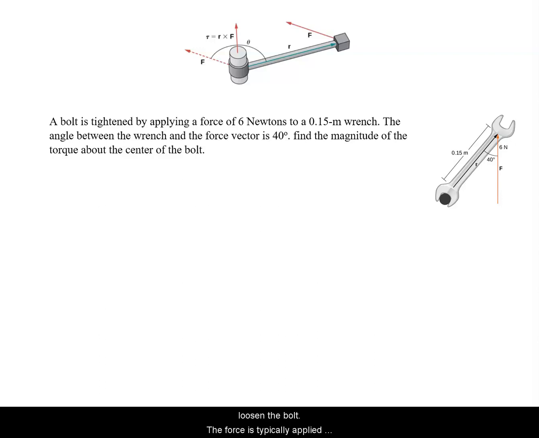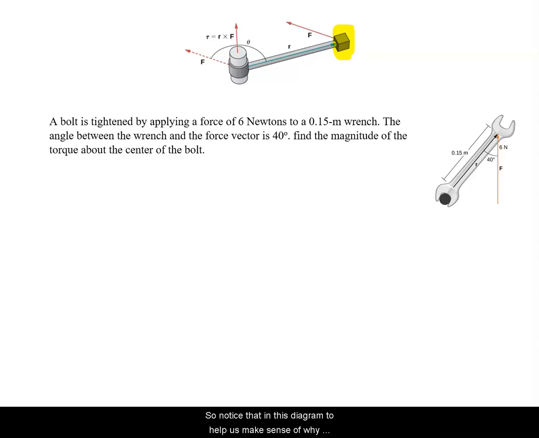The force is typically applied here at the end. So that's why the force arrow is there. And torque is a rotational force that helps to either loosen or tighten things like bolts.